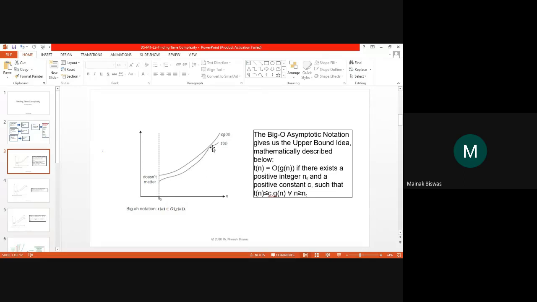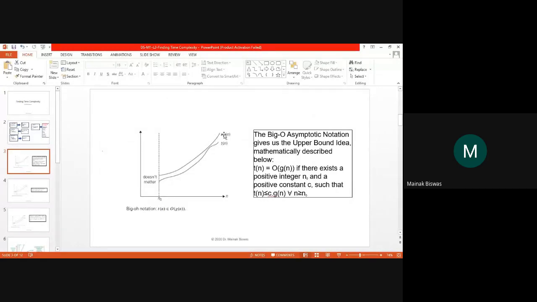Whatever happens in the world, T(n) will not go over it. If c times g(n) is n square, the maximum time complexity, then T(n) can be lesser than n square but not more. T(n) can be n log n, but it cannot go overboard and be n cube or n to the power 2.5.